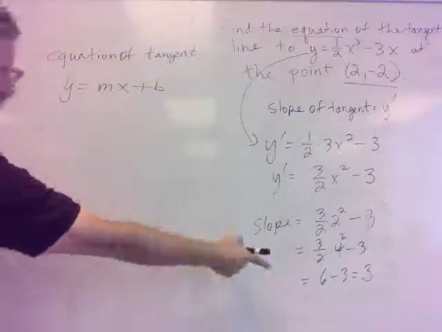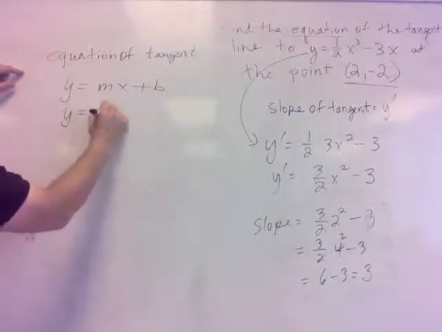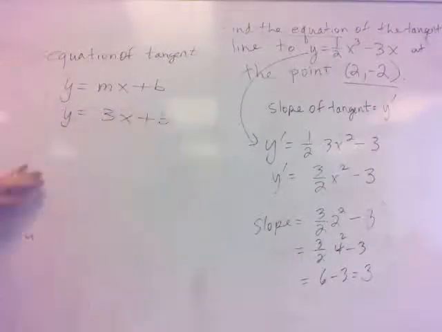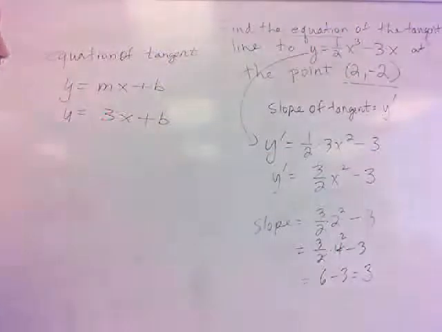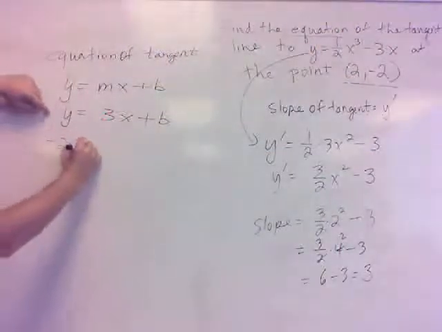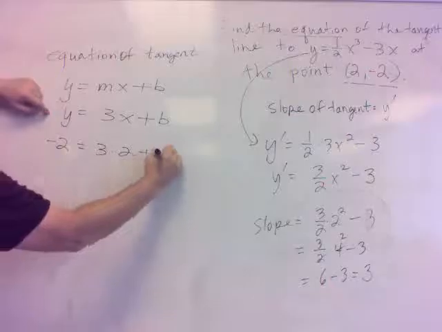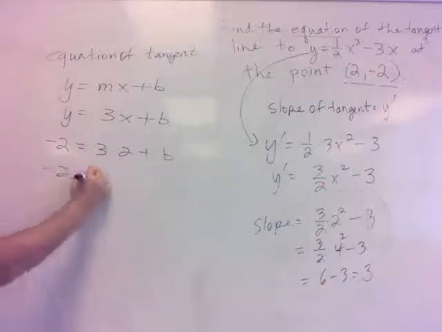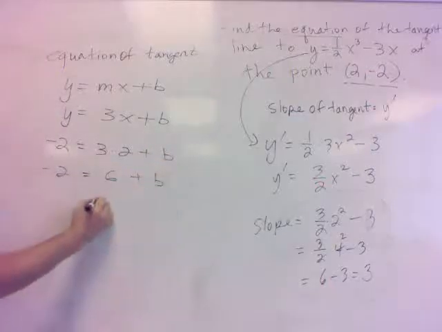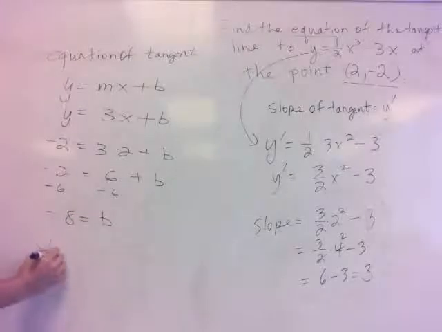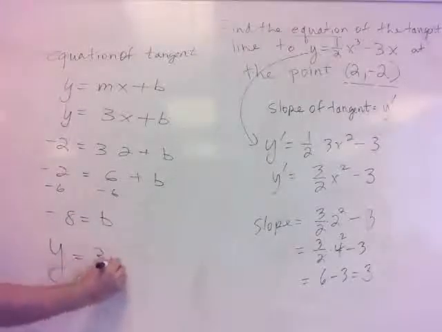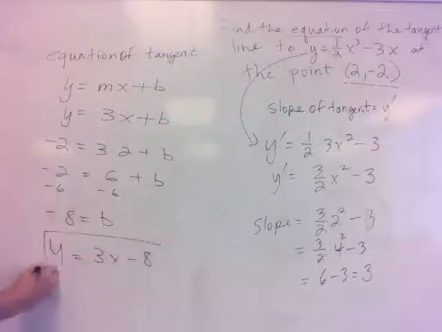I now know the slope is 3, and figure out b however you want to. I'm going to plug in x and y to be 2, -2. Y is -2. X is +2. So b is going to be, what? -2 minus 6, -8.